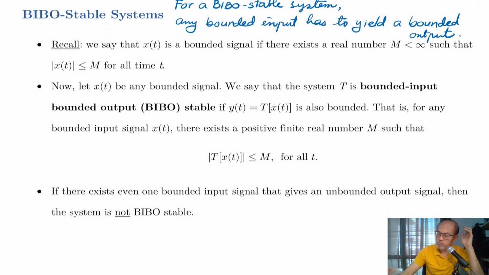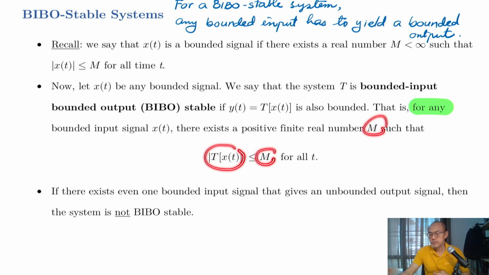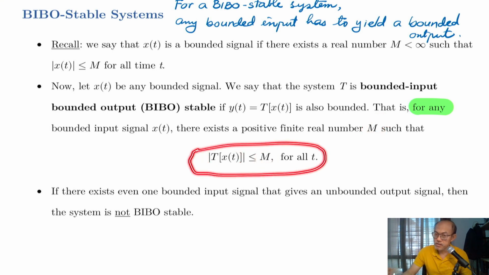So mathematically, what it means is that we say that the system T is bounded input, bounded output stable if, for any bounded input signal x (the keyword is "for any"), there exists a positive finite real number M such that the magnitude of the output doesn't exceed M. This is the condition for a bounded output.